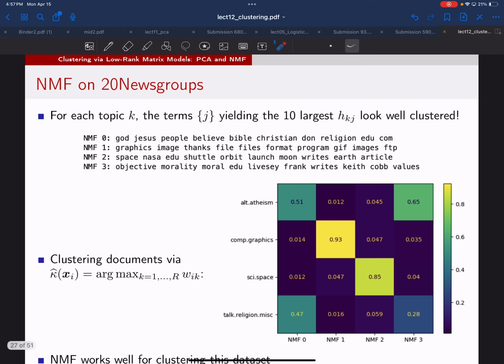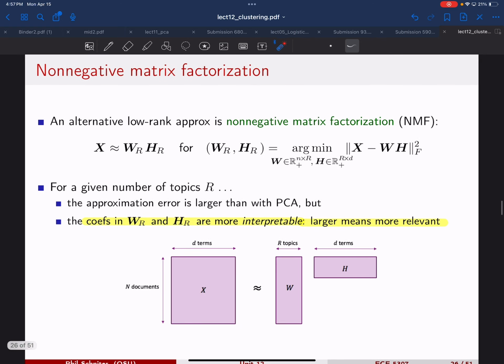Let me tell another story. Have you guys ever heard of the Netflix problem? The Netflix problem was about, maybe 2010-ish. Netflix made a contest. I think they gave $1 million to the winner.